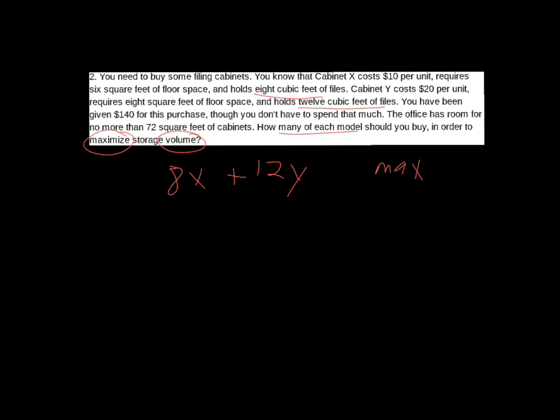Now conveniently, all of cabinet X's stuff is in one sentence, and all of cabinet Y's stuff is in one sentence. There are several different things about cabinet X in one sentence. First of all, and we can even write this down, square footage.